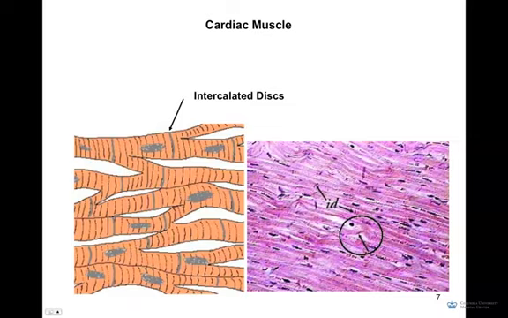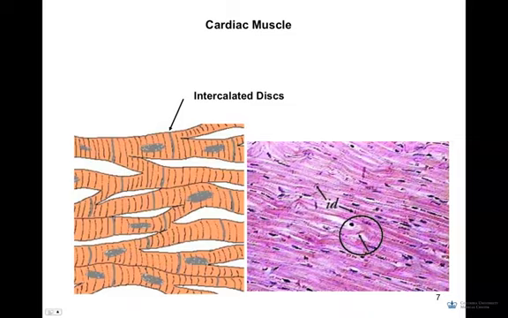And then the last defining feature of cardiac muscle, at least on a gross scale, is these gray lines that I was referring to. These gray lines are called intercalated discs. No other muscle tissue in our body has intercalated discs. And you can see in this slide showing actual cardiac muscle, we can see these intercalated discs.